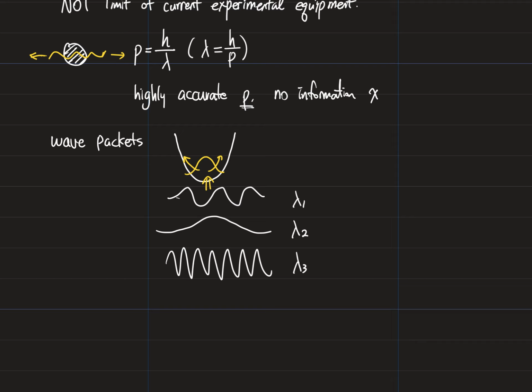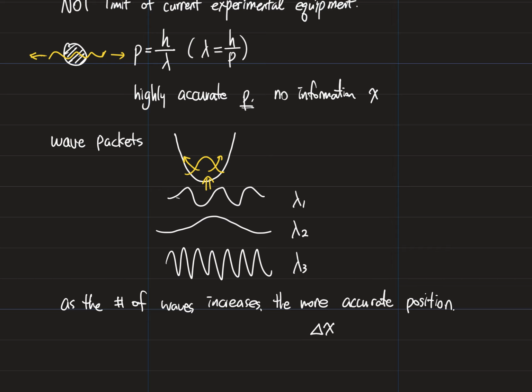That means as the number of waves increases, we get more accurate position information, which means the error in measuring the position will be smaller and smaller.